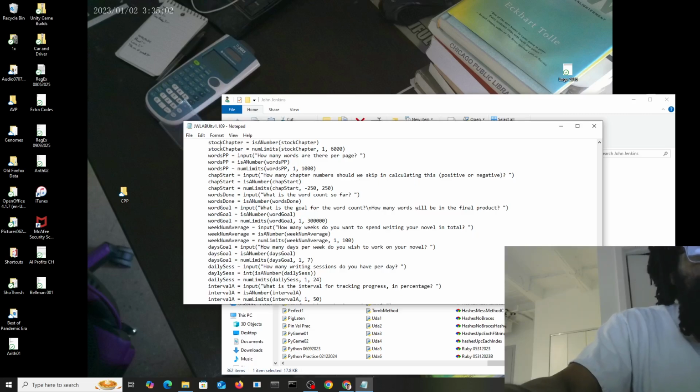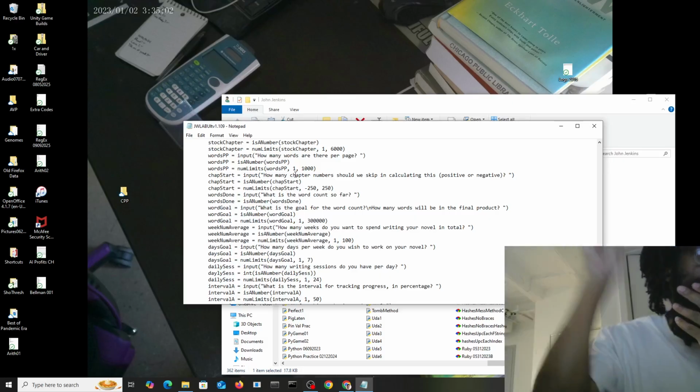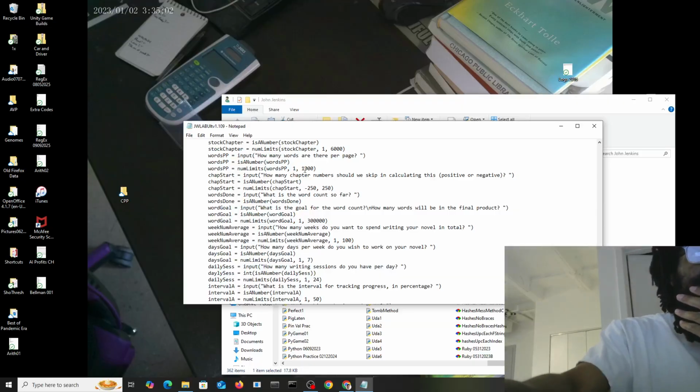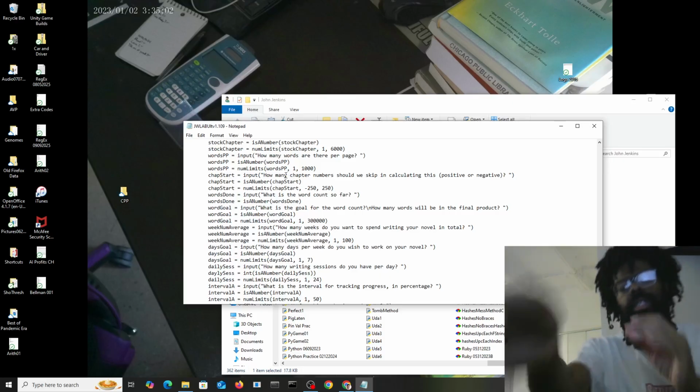That could be a bug, because if I'm automatically adding 2 chapters, isn't that going to change the number of words?